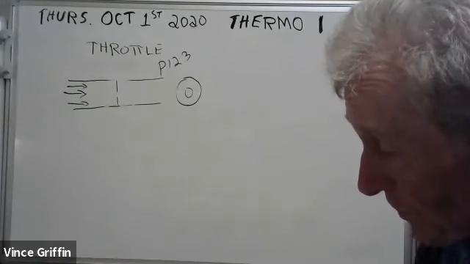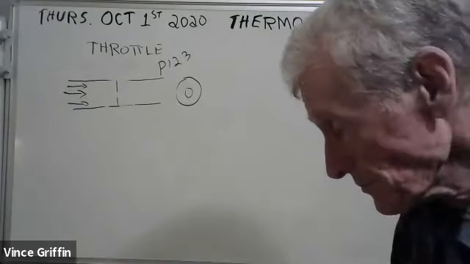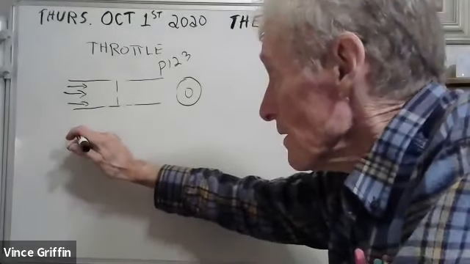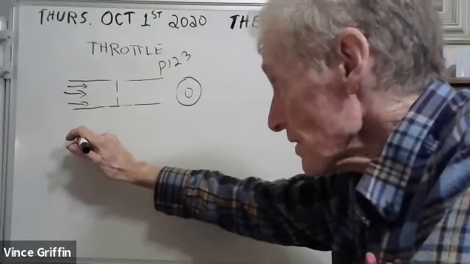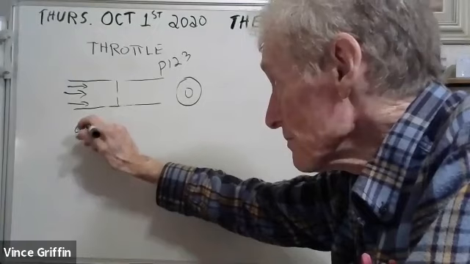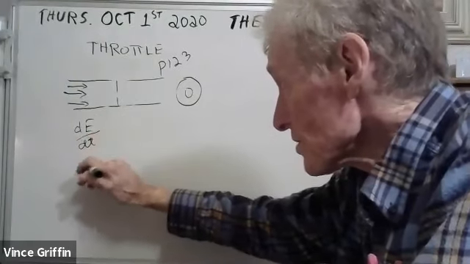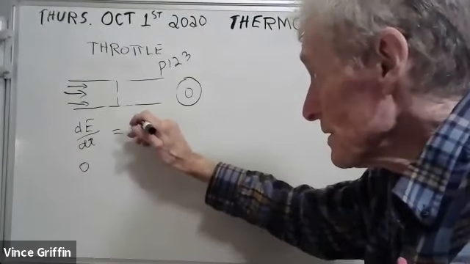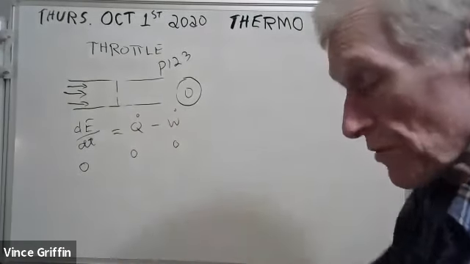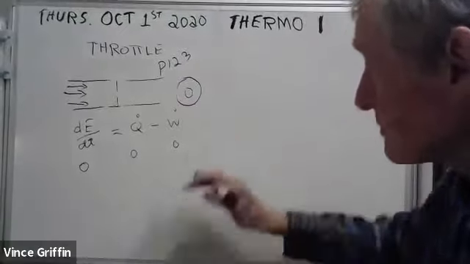And when you write your first law, you go through all those terms. I shouldn't have erased it, but it's a steady state device. This is 0. This is 0. This is 0, just like with a nozzle.